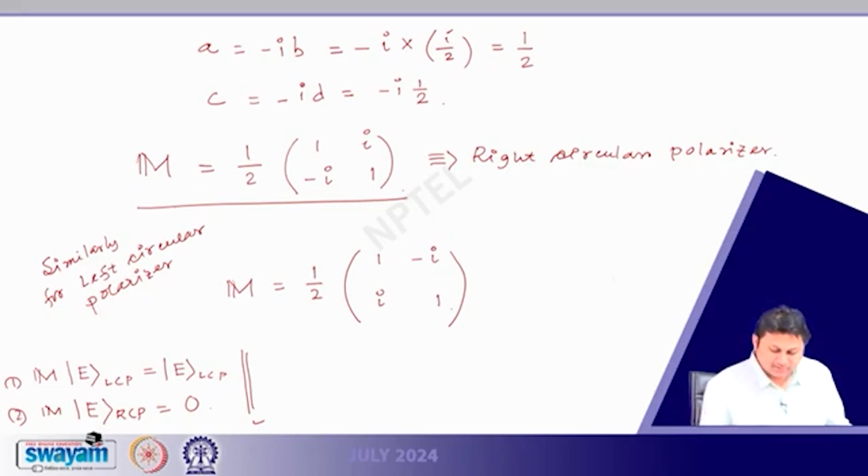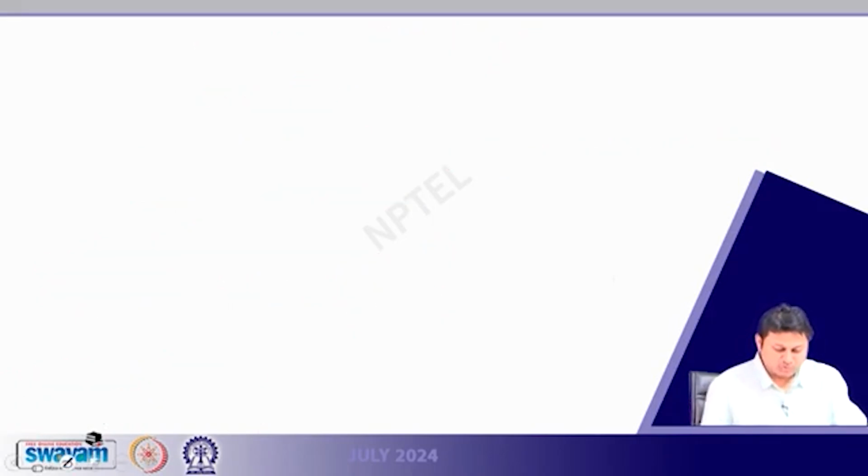These things I wanted to show in today's class, because that was missing, and we can also check whether this works for any arbitrary polarization. So, let us do that.